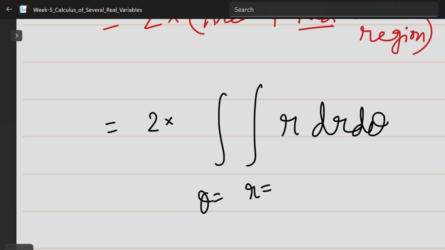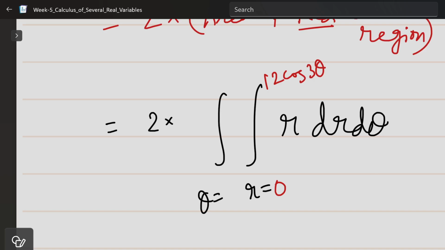This is one leaf I am drawing only. So this is 0. Any point is r comma theta, right? So this is your r. This distance is r. This angle is theta. So r varies from 0 to where? 0 to this point. So what is this here? Here it is 12 cos 3 theta, right?